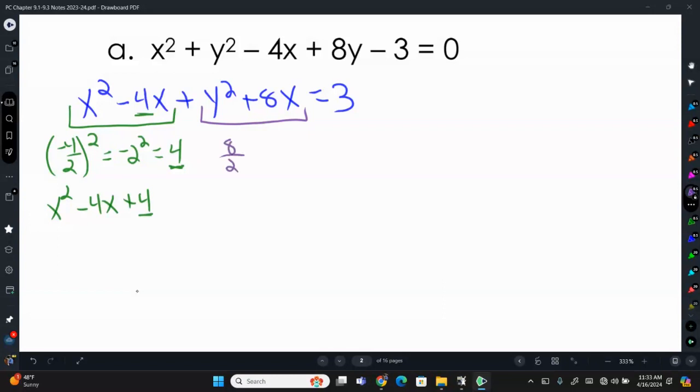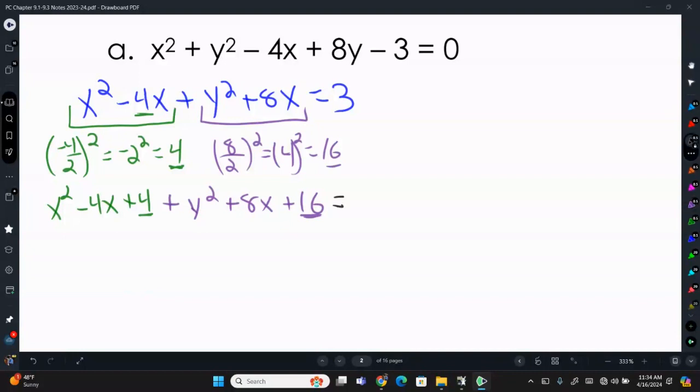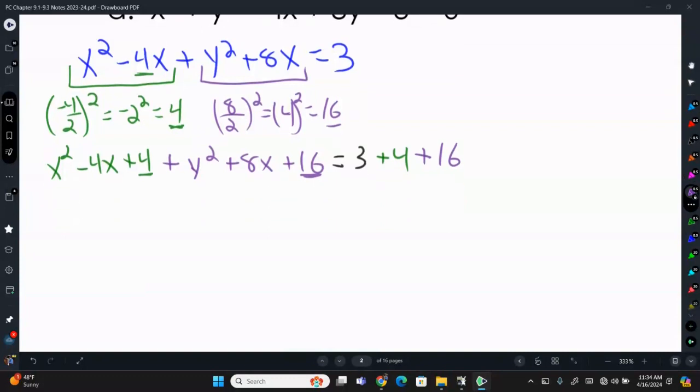So 8 divided by 2 is 4, squared, which is 16. So plus y squared plus 8y plus 16. Now, because I added 4 and 16 to the left side, over on the right side, I must do 3 plus 4 plus 16. Because that way, what I added on the left and the right side is the same thing.